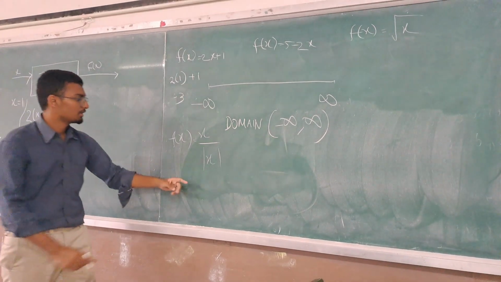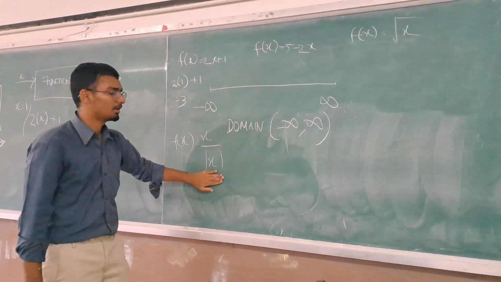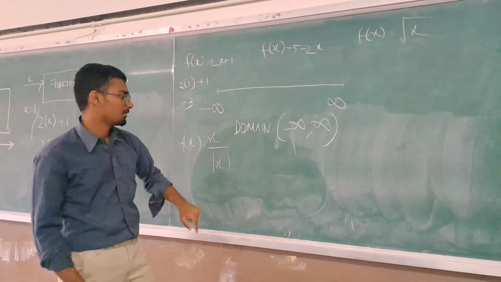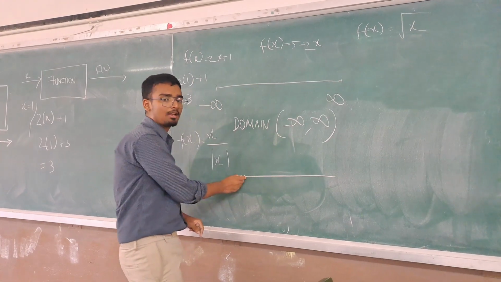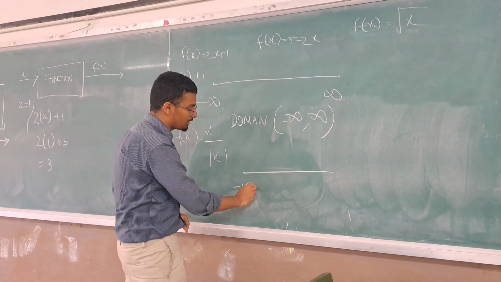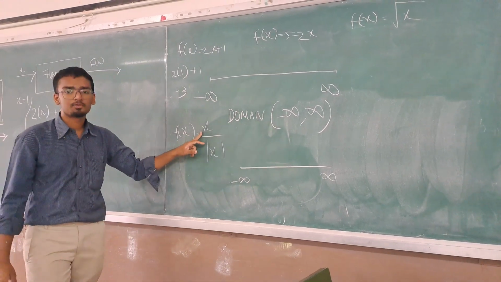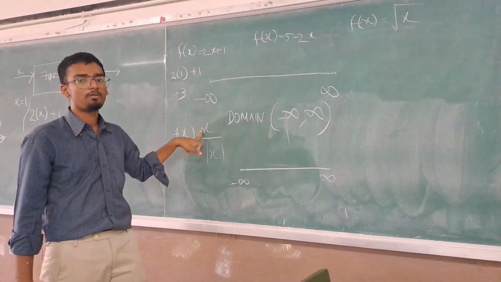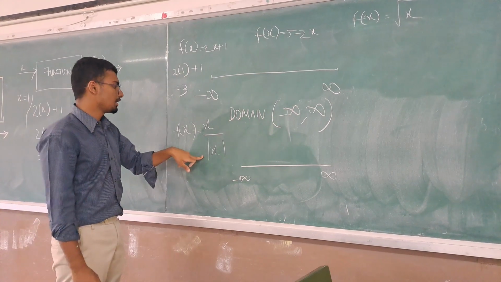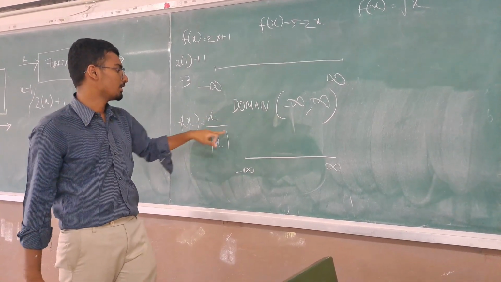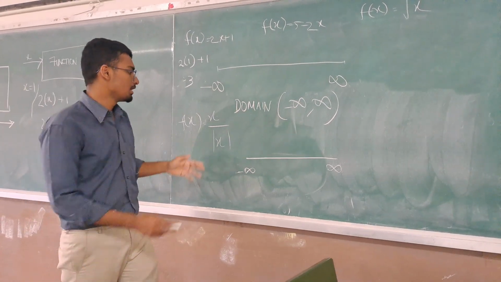Coming to this problem, x by modulus x. For this problem, I am drawing the range as minus infinity to plus infinity. As we substitute x with the value of 0, this whole term becomes infinity or an undefined term.